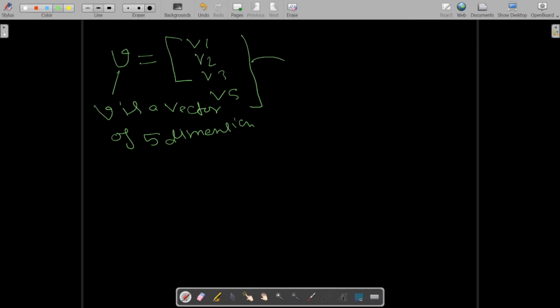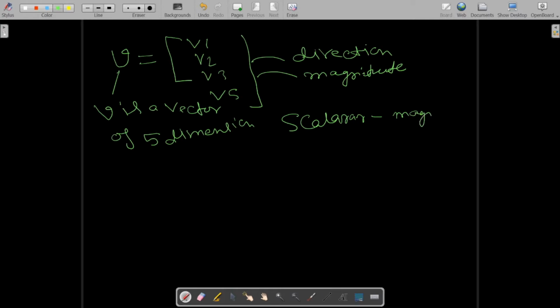And what is a vector? A vector has direction and magnitude, but a scalar will have only magnitude, no direction.